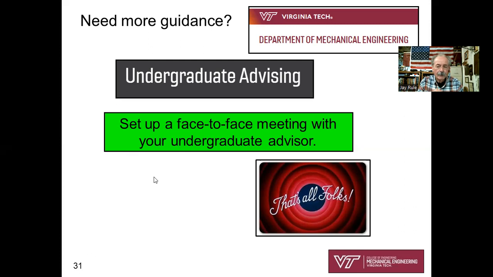Mechanical engineering instructors and professors, we all want to help you perform and excel. If you really need assistance with algebra, your undergraduate advisor is going to be the key person in working with you to get that algebra help you need.